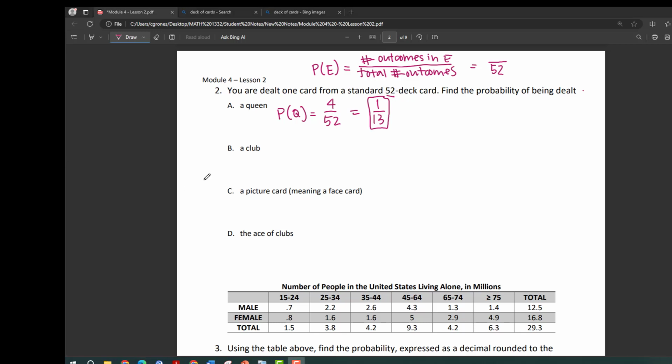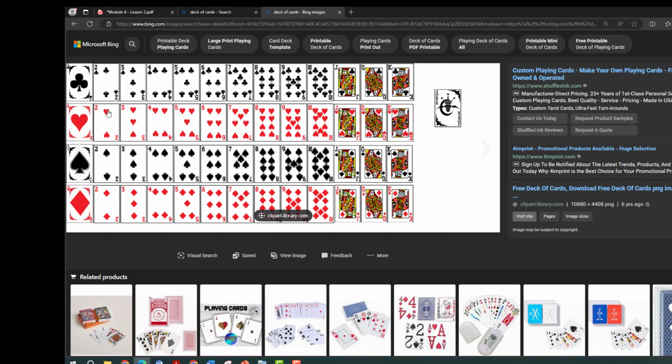All right, on the second one, we are looking for the probability of being dealt a club. So like I was saying, there are 4 different suits. The club is the suit. It's this top one right here.